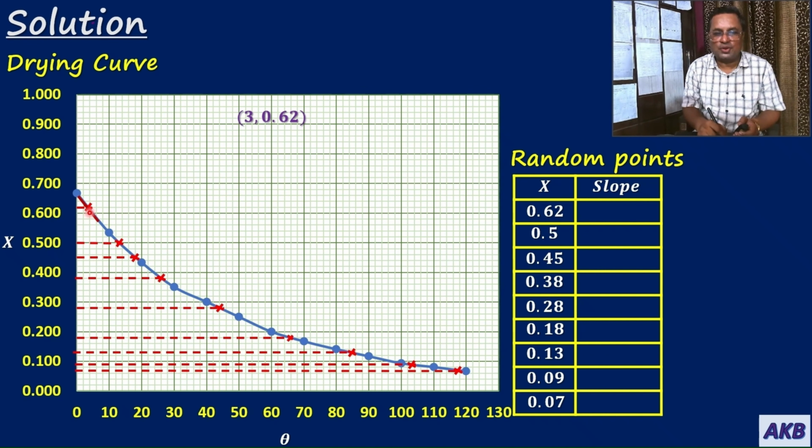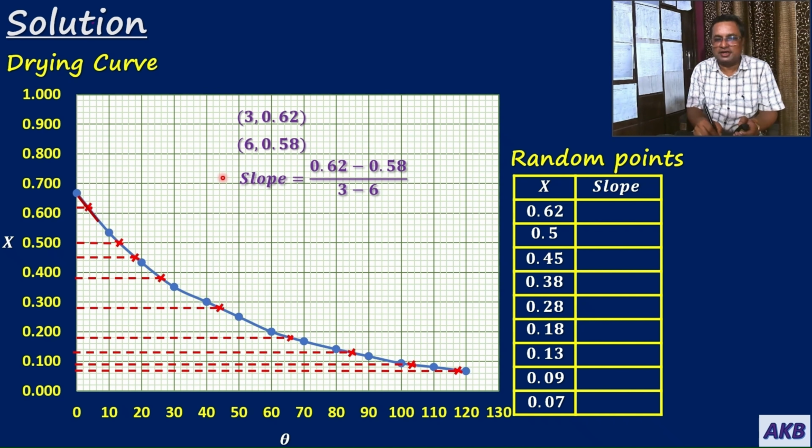One is the random point that I have selected, and for that point the coordinates are 3 and 0.62. And then I will choose any other point on the line so that I can find out the slope of that line. So the point that I have selected is 6 and 0.58. So now I have 2 points on the tangent.